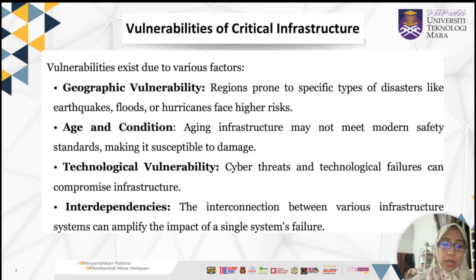So if one system fails because of an earthquake or landslide, then the network is no longer interconnected. Of course it will be difficult for people and cause so many problems. So this is one of the factors that cause vulnerability to critical infrastructure.